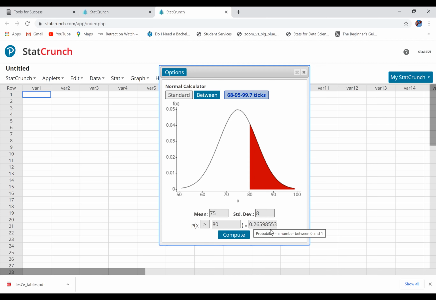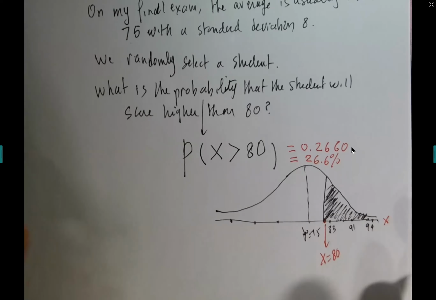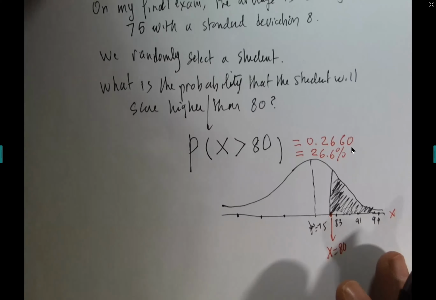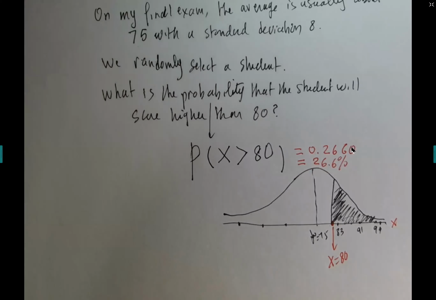So you can use StatCrunch with the normal calculator, or the normal CDF on your TI84. Now, let me show you how to do this one by hand. Any idea, guys? How would you do this by hand? You only have table 4. Let's say you don't have access to technology.